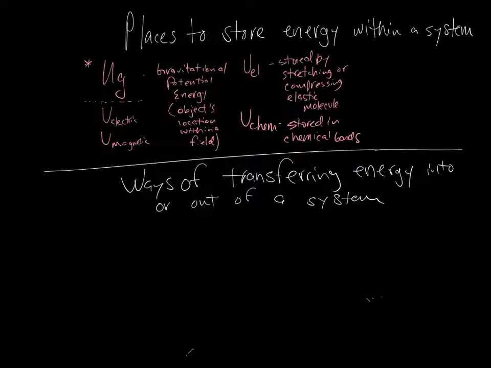Okay? Now, fossil fuels are a perfect example of that because you have these strong carbon bonds that you're breaking when you burn fossil fuels. Now, those are all U because those are all examples of potential energy.